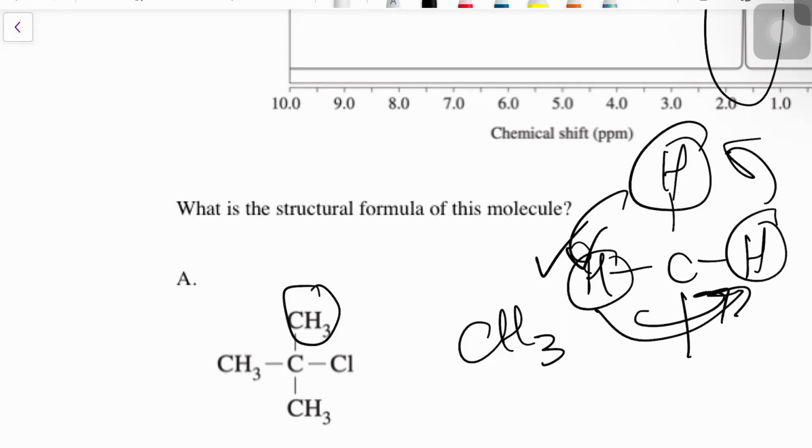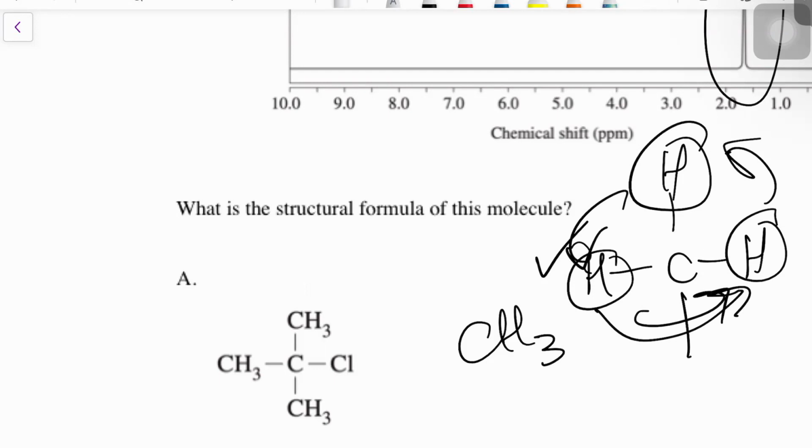So these hydrogens have the same chemical environment, these hydrogens have the same chemical environment, these hydrogens have the same chemical environment. Okay, however, the methyl groups are all bonded to the same carbon, which means this carbon right here can also rotate.